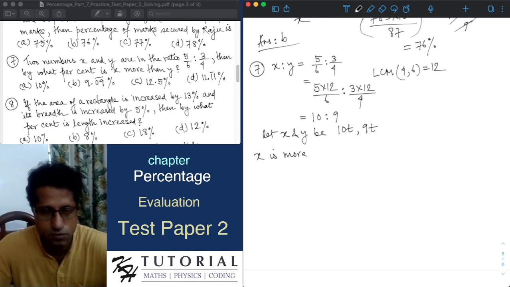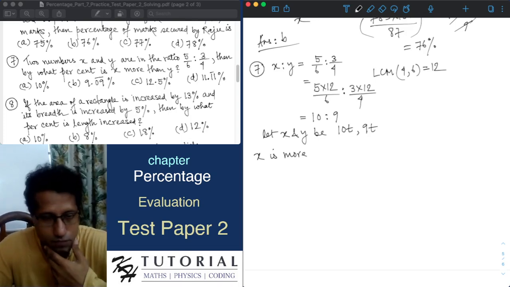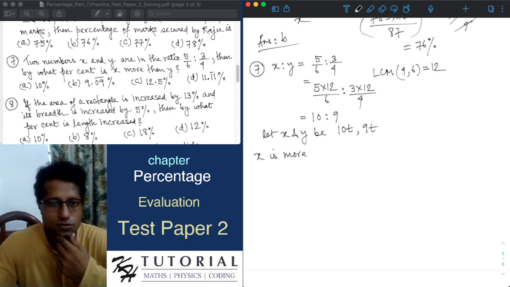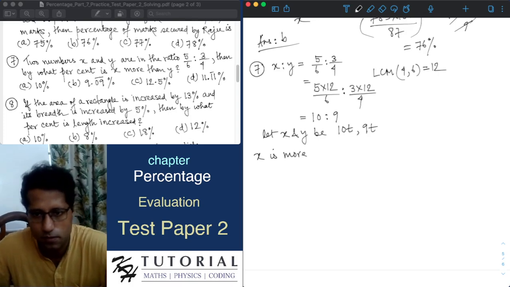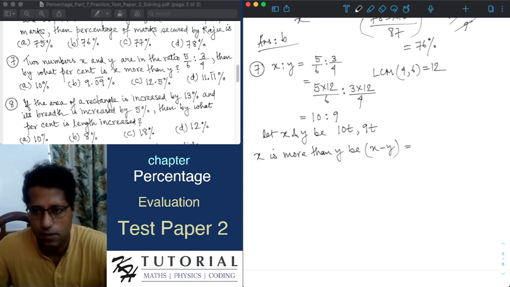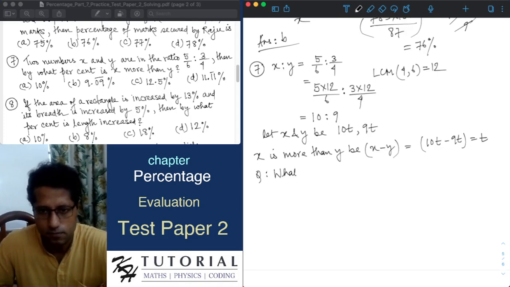First you have to find the difference of X and Y as X minus Y, because it is saying that X is more than Y. Then we have to find what percent that difference is based on Y. So X is more than Y by X minus Y. This equals 10T minus 9T, which equals T. So now the question is what percent is T of Y, which is 9T.